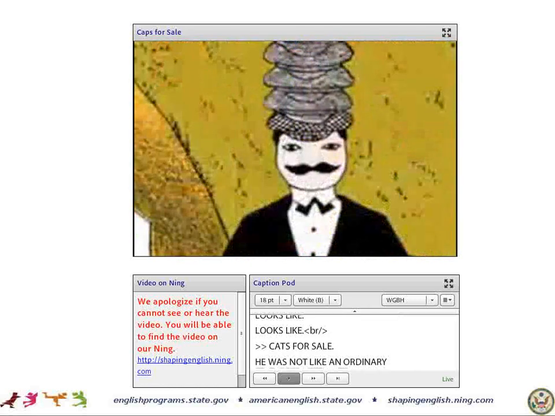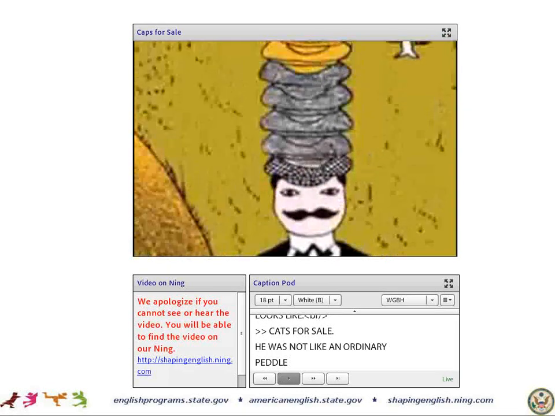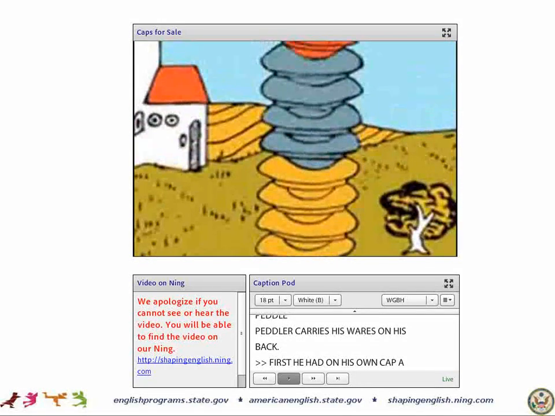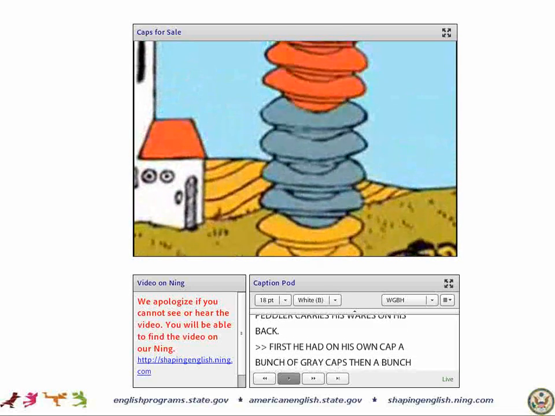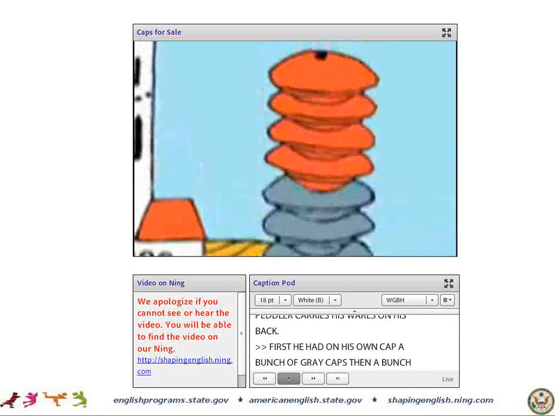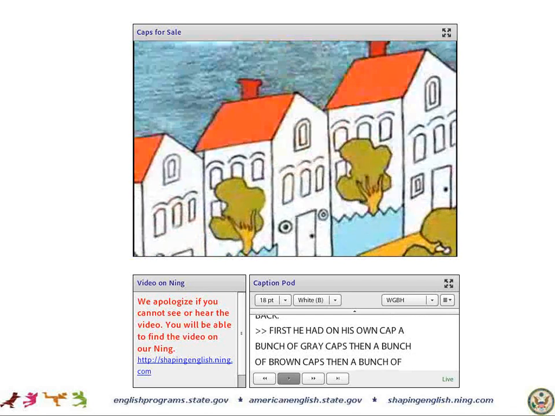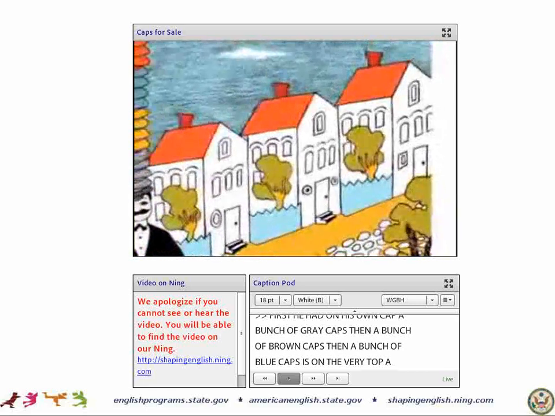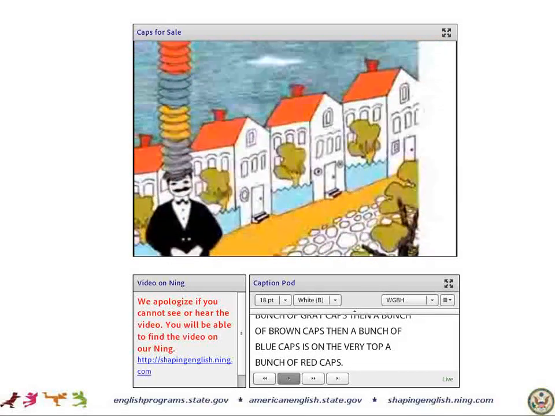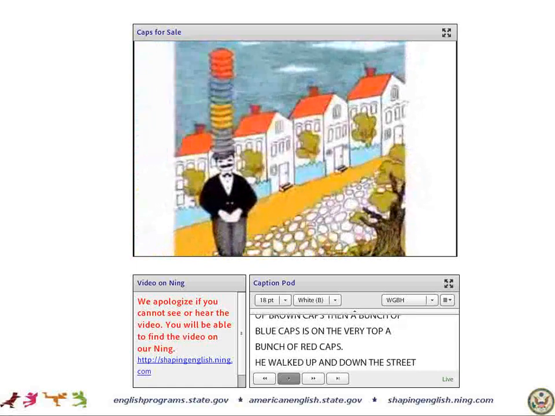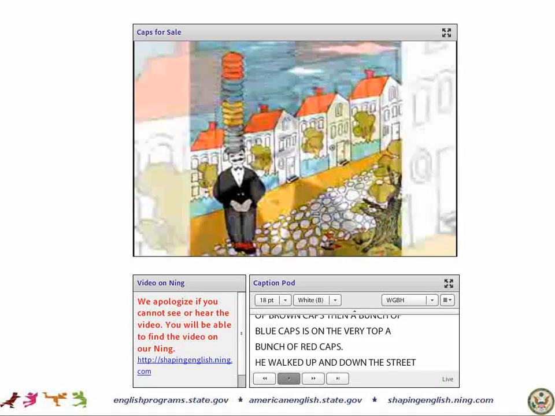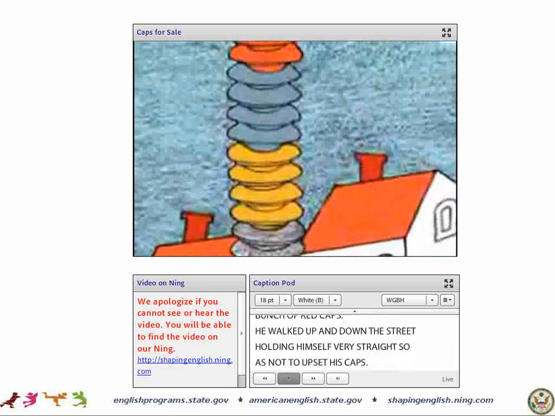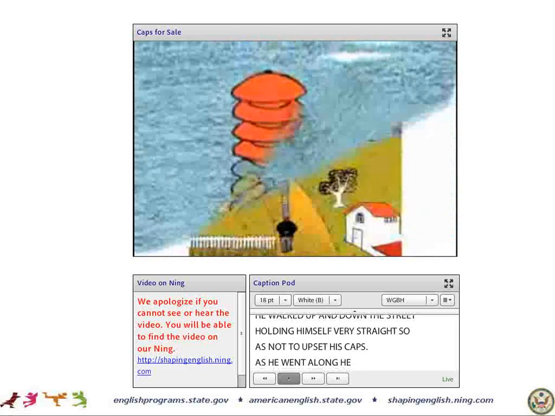First he had on his own checked cap, then a bunch of gray caps, then a bunch of brown caps, then a bunch of blue caps, and on the very top a bunch of red caps. He walked up and down the street, holding himself very straight so as not to upset his caps. As he went along, he called, "Caps! Caps for sale! 50 cents a cap!" But one morning he could.